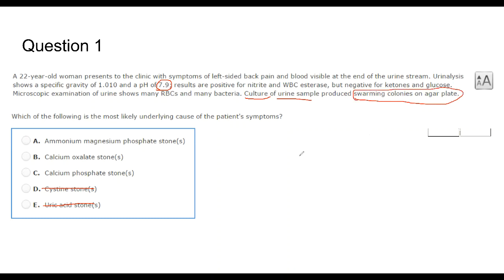You are right, because most likely with a UTI and a lot of bacteria, you would think about struvite stone. But the key one here is the swarming colonies on agar plates. What bacteria do you think they're talking about?